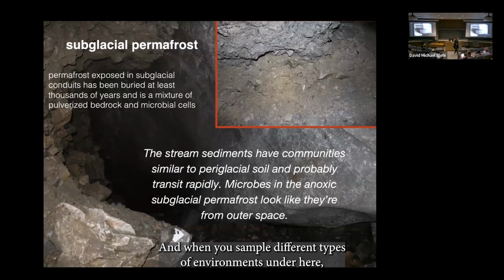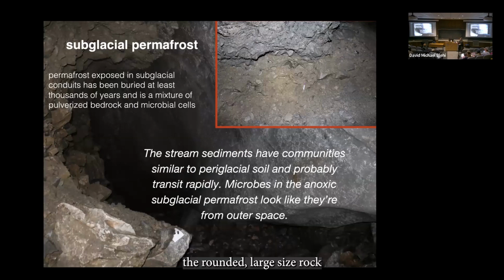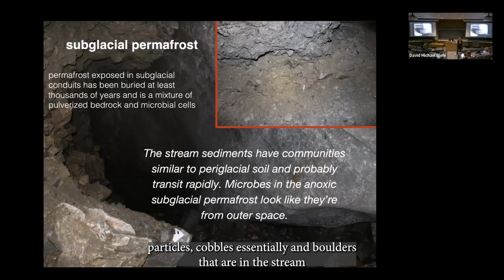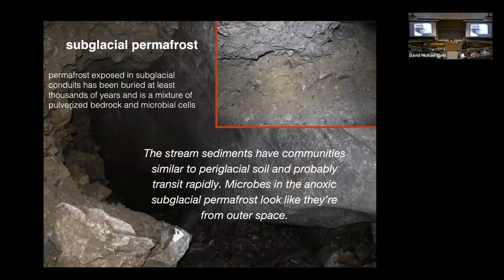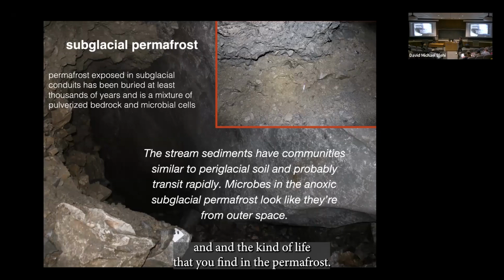And when you sample different types of environments under here, there's a big visual difference between the rounded, large-size rock particles, cobbles essentially, and boulders that are in the stream, and the kind of life that you find in this permafrost.